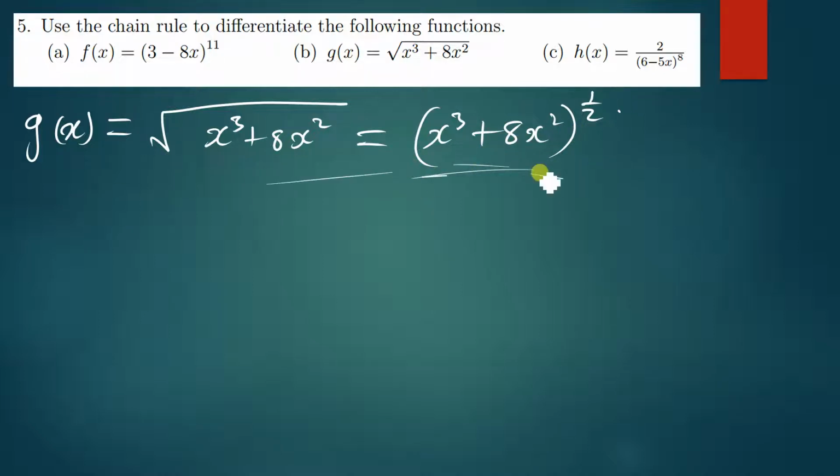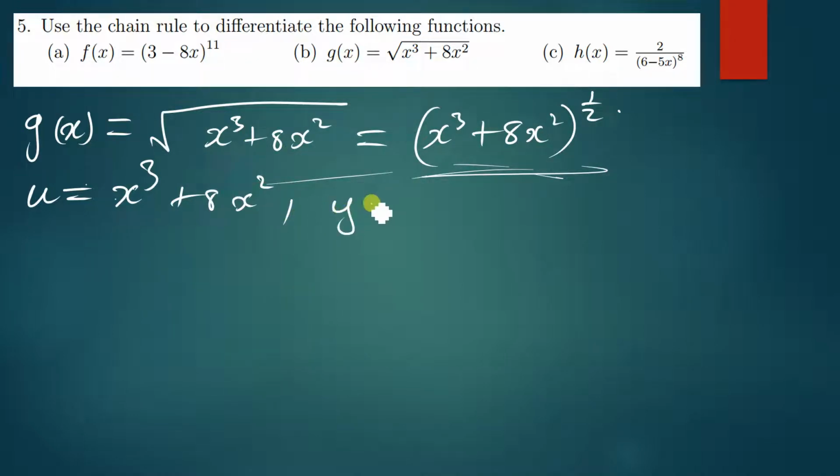So the first function that we have in this composite function is u equal to x to the power 3 plus 8x to the power 2. And then the second function that we have in this expression is y, which is equal to this same u raised to the power half.